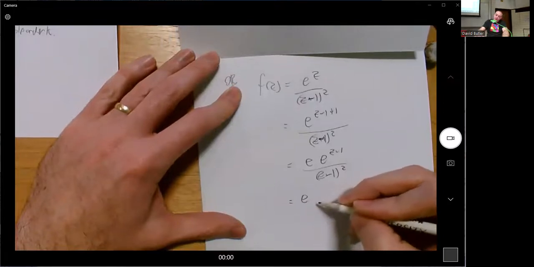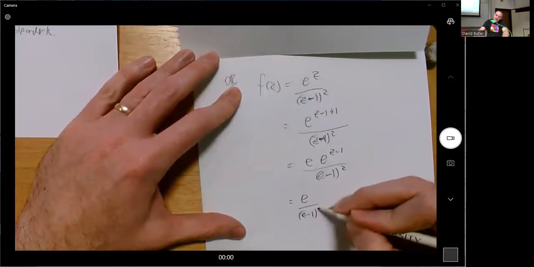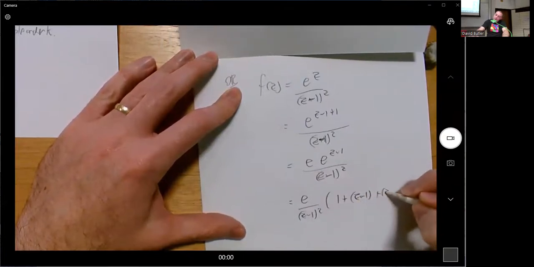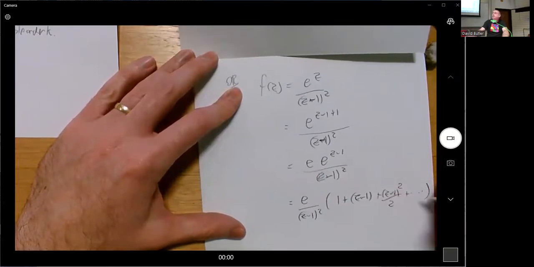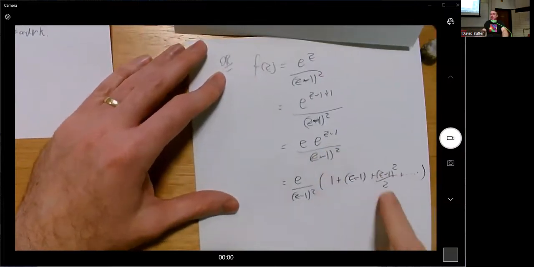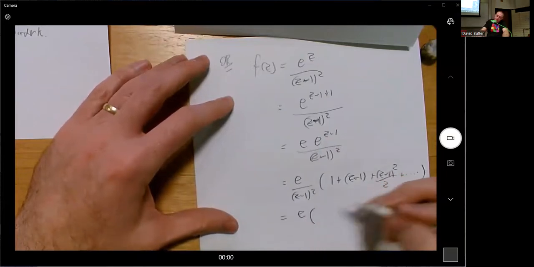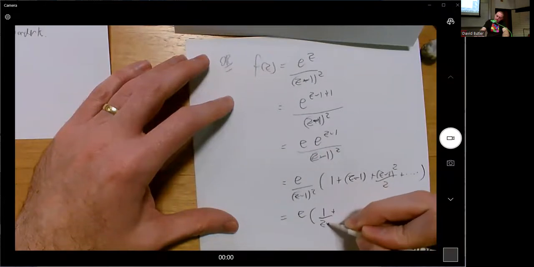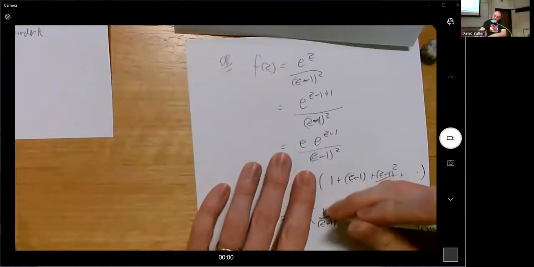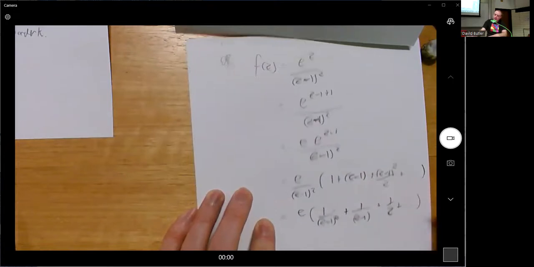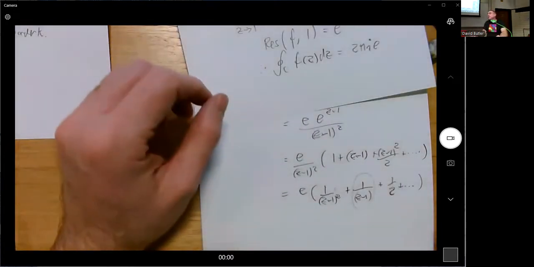And e to the z minus 1 is 1 plus z minus 1 plus z minus 1 squared on 2 plus forever. That's the Taylor series for e to the z minus 1. And so when I divide by z minus 1 squared, there's the 1 over z minus 1 term, and its coefficient is e.